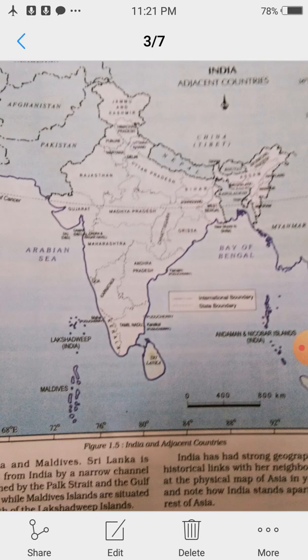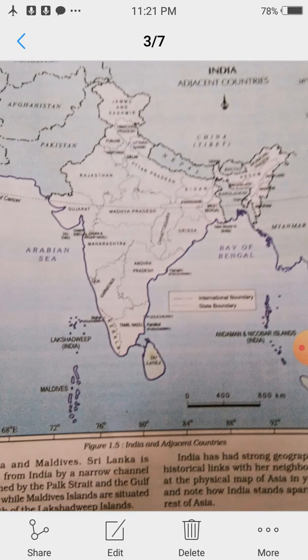After that, we saw that our southern neighbors across the sea consist of two island countries. Which are these? Sri Lanka and the Maldives. We have seen their location.